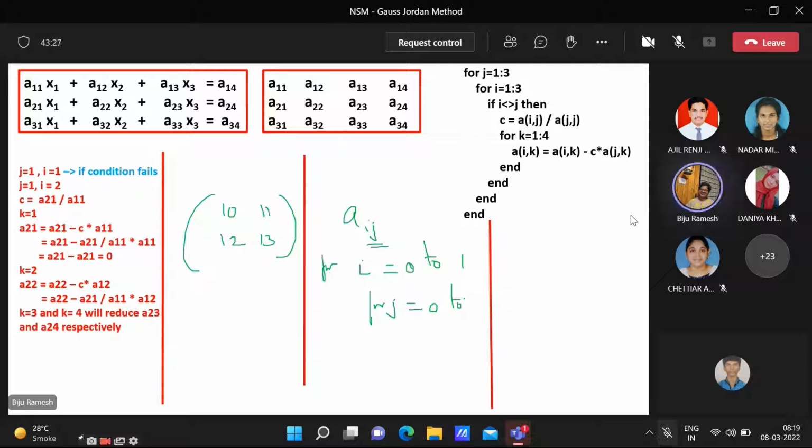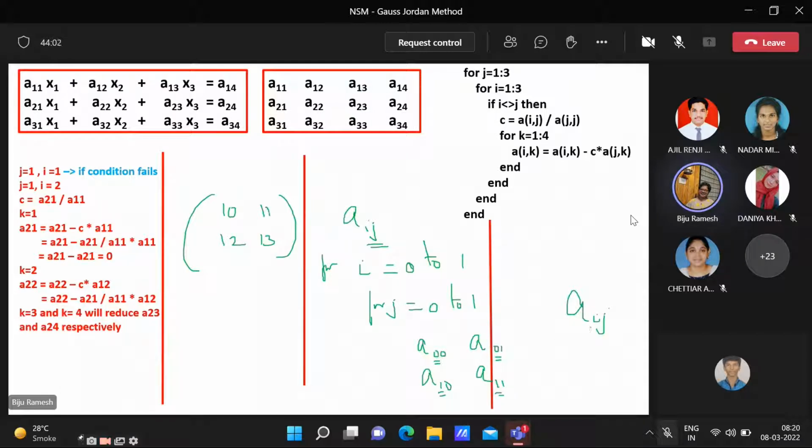So you first have to read A00, then A01, is it not? Then you will read A10, then A11. Hope you all can see my screen. You see here, the first index is not changing, and I am reading it as Aij.